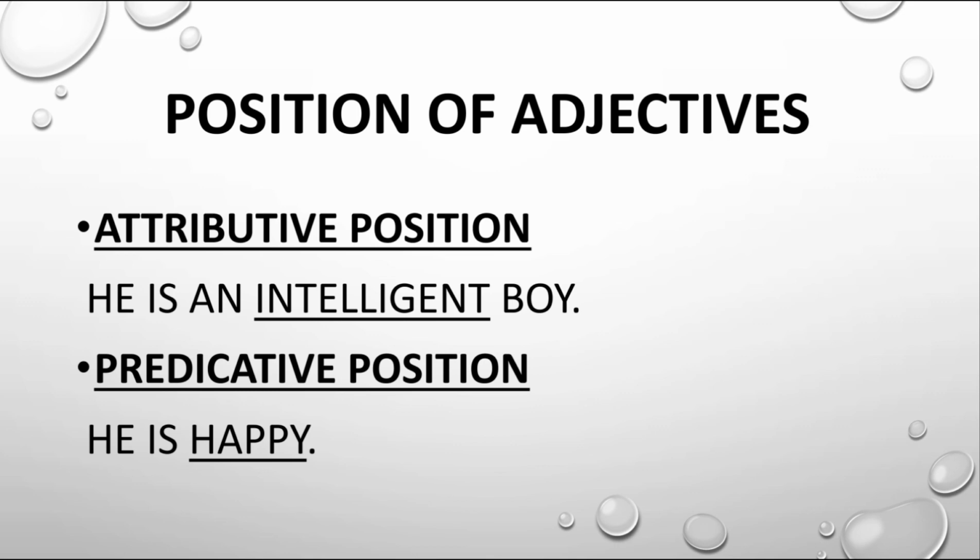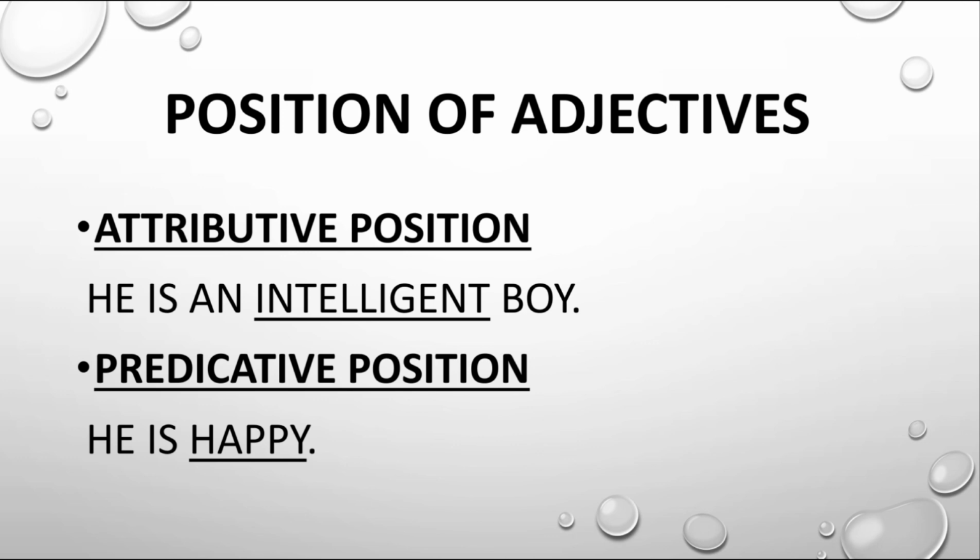It is used as an attribute. It is therefore said to be used attributively. So this is the attributive position. An adjective placed just before the noun is in an attributive position.